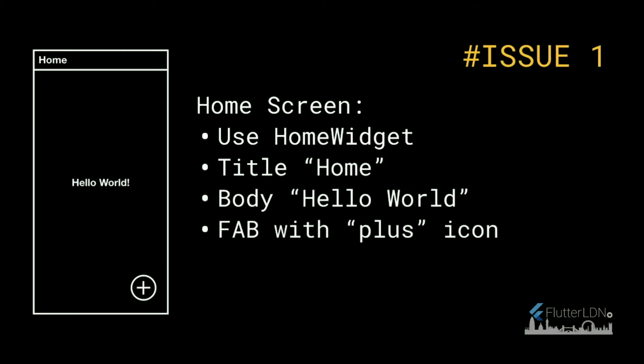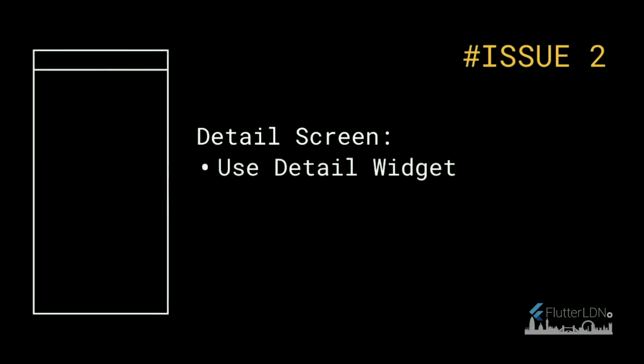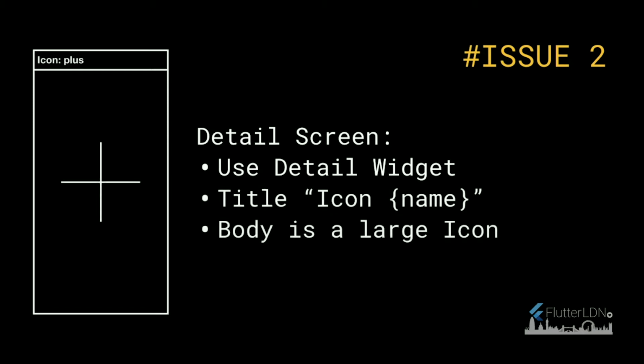A button with a plus icon, and it should take you to another screen. That screen is covered in a different ticket. It should just display the title of the icon and then a big plus in the middle.